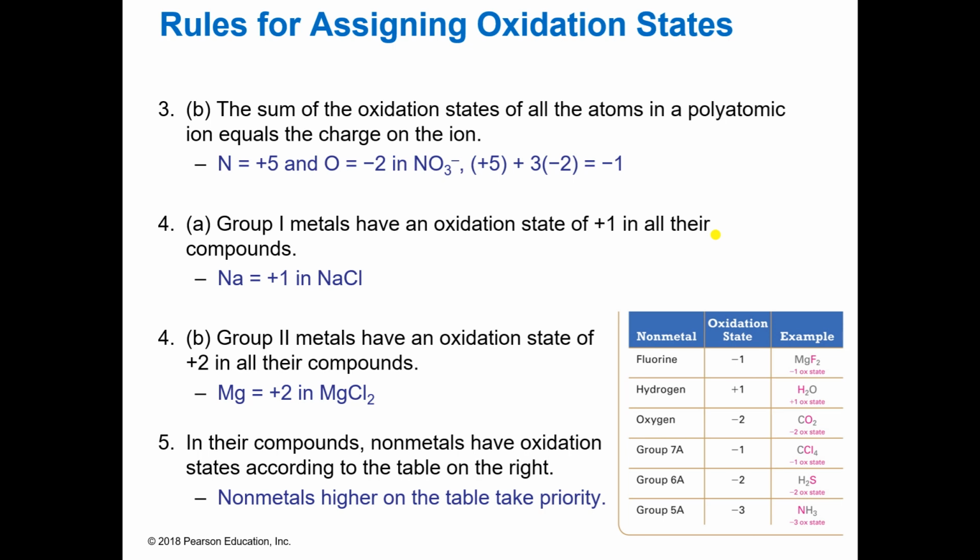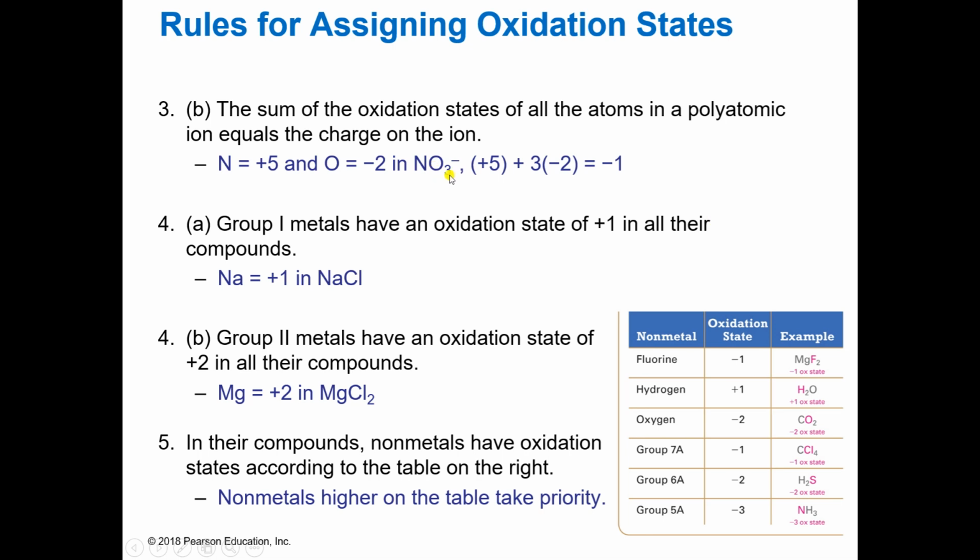If it overall has a charge, the oxidation numbers must equal whatever that charge is. So in this case, we can mathematically figure out the oxidation numbers of oxygen and nitrogen, because we know oxygen is 2-.